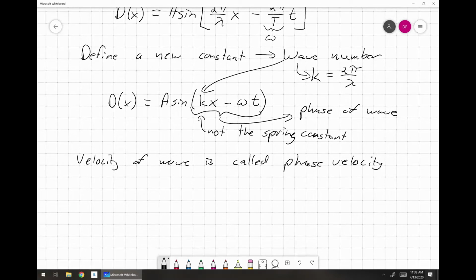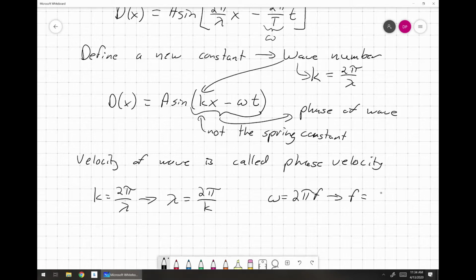wave number, right? So since our wave number is 2 pi over lambda, that means that our wavelength is 2 pi over k. And since omega is equal to 2 pi times the frequency, then the frequency is omega over 2 pi.